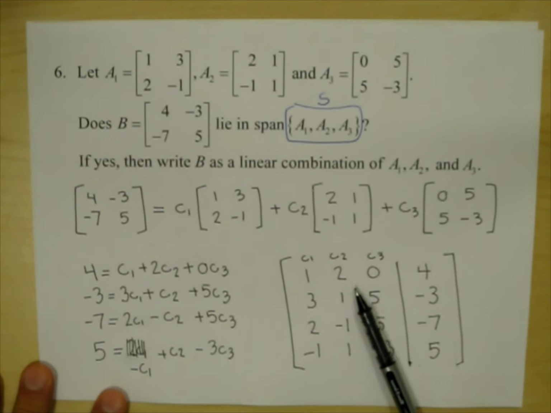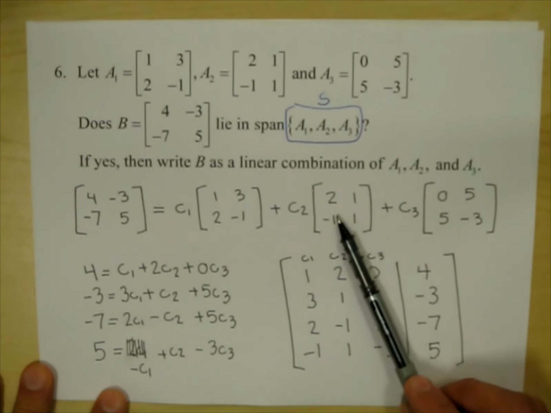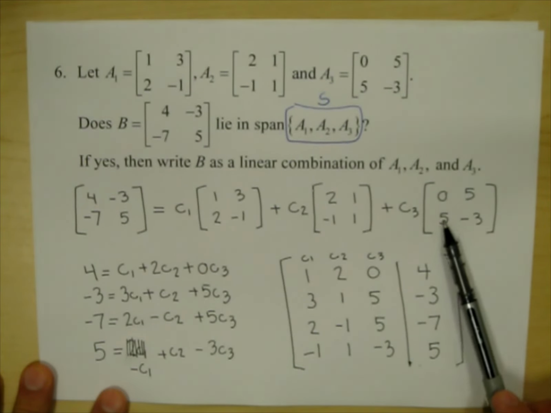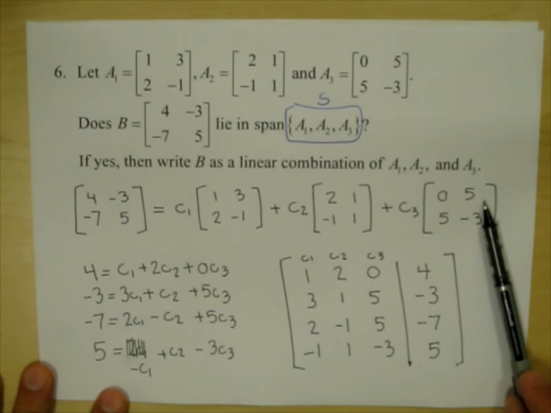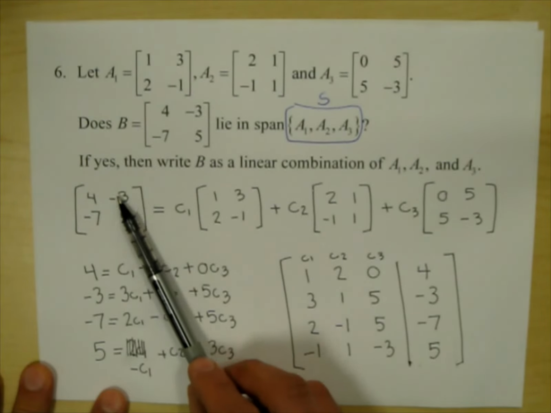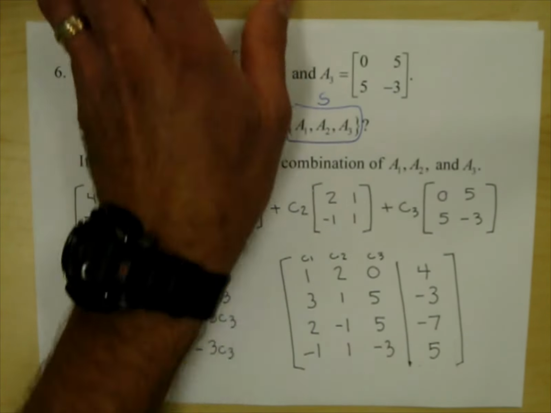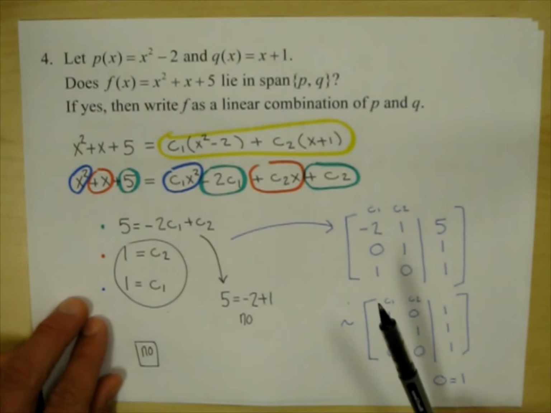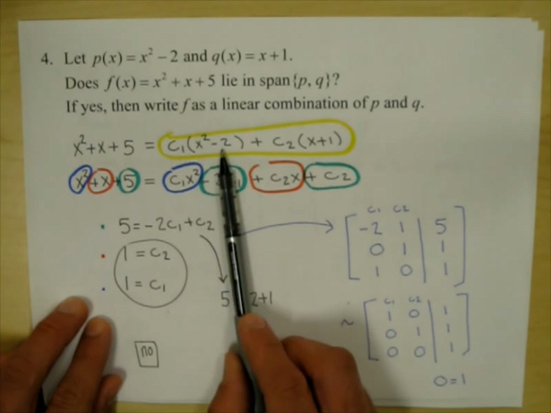Look at the next column. That represents that vector. And the last column represents this vector here. And then of this last column, here's the right-hand side vector, which represents the one in question. When I did this on problem number 4, look at our first vector.